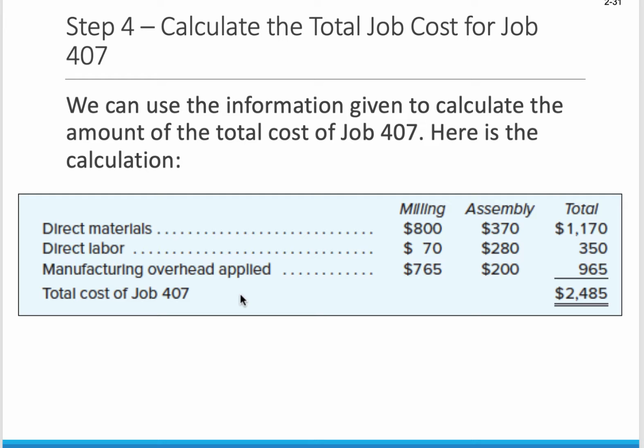So the total manufacturing overhead applied was $965. We add up direct material, direct labor, and manufacturing overhead applied, and we get $2,485.